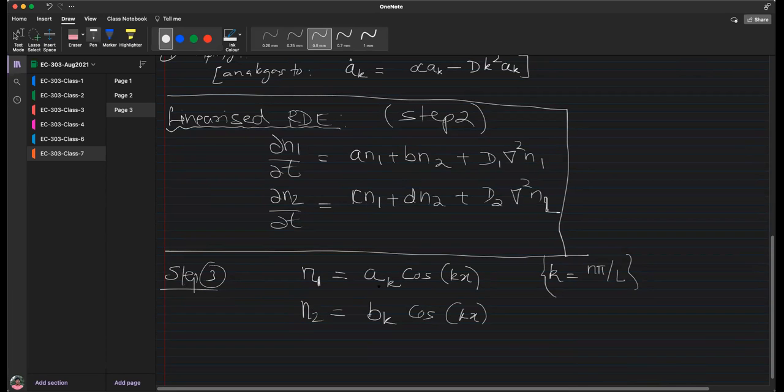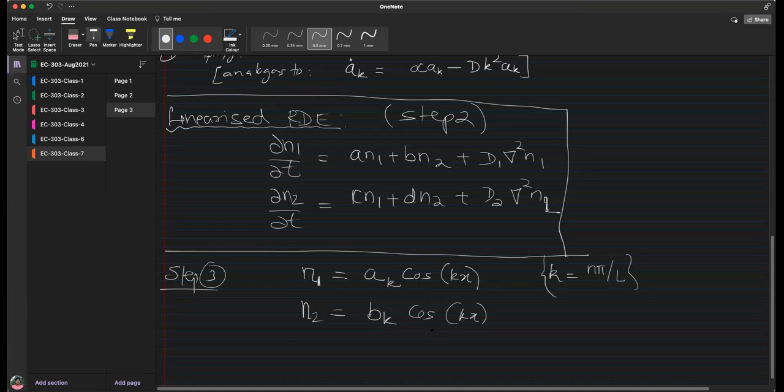You can of course write a_k for both, except that just couples them. You don't have room to independently perturb them anymore if you assume both of them are a_k. So what I have basically done is assumed that the N1 perturbation has an amplitude a_k, whereas N2 has an amplitude b_k. But I have chosen the exact same periodicity for both. This was the first key thing you had to think about and implement when introducing this.